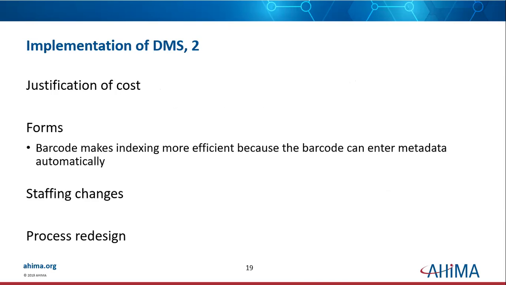How do you justify the cost of a doc management system? Some of the things that you can look at definitely include what? Accuracy. Accuracy is what? Paramount. Accuracy can make a difference in terms of patient treatment, diagnosis, care, etc. Once an error is created in a system, for instance in the EHR, that error continues through the continuum of care to discharge and sometimes to the next level of care.